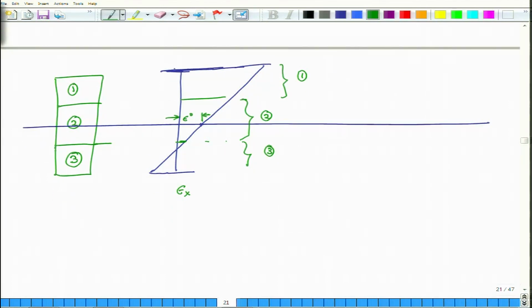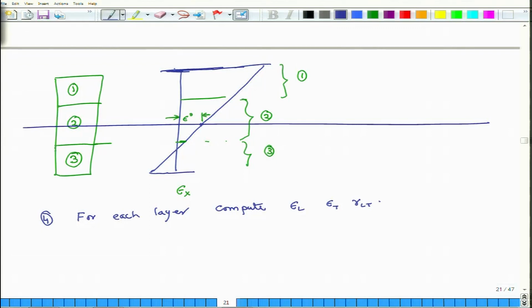Okay. So, once we have this understanding, then the fourth step is, for each layer, compute epsilon L, epsilon T and gamma LT.